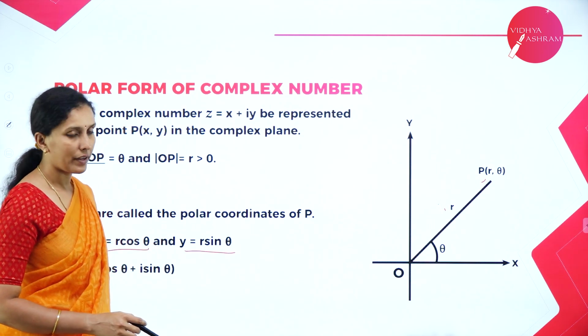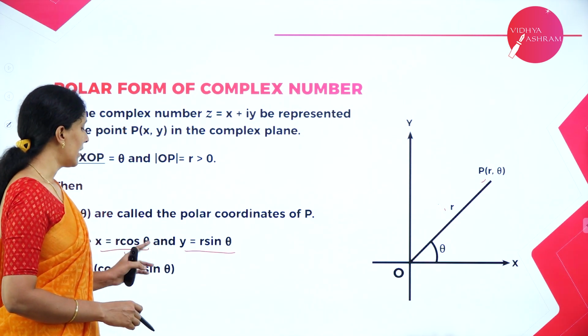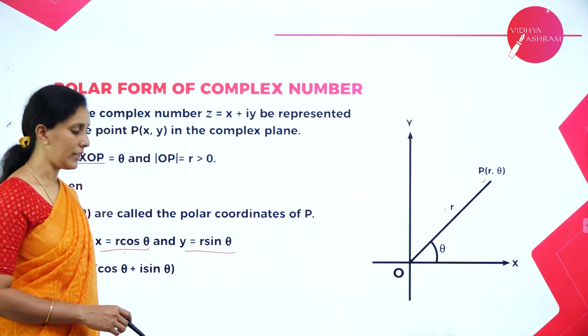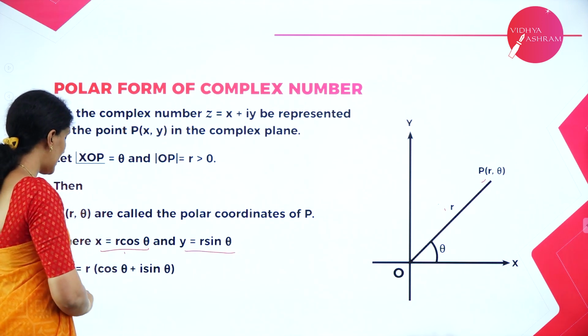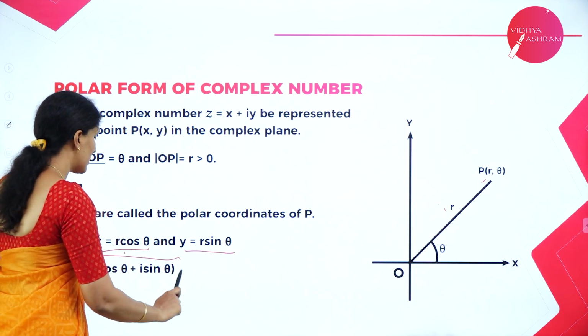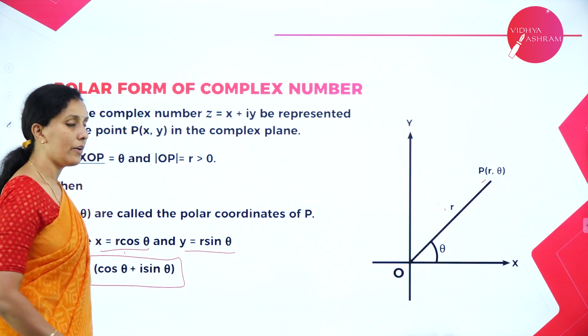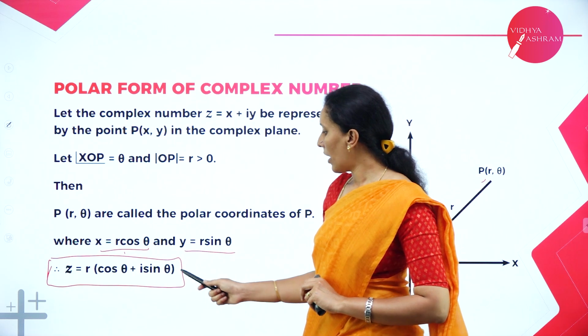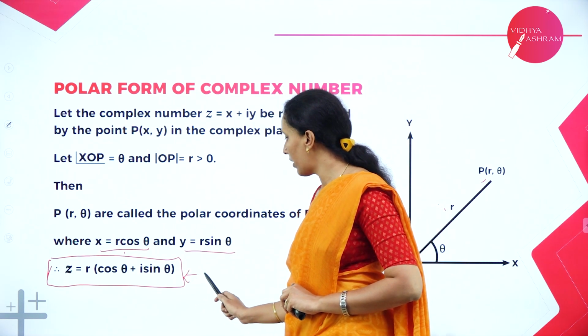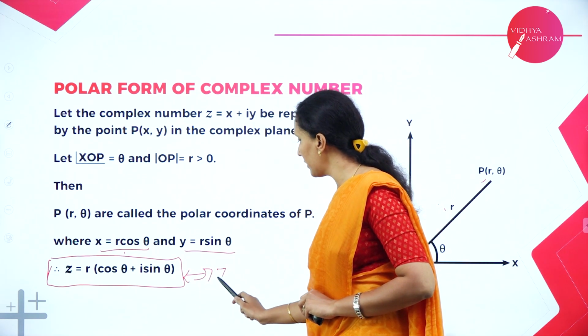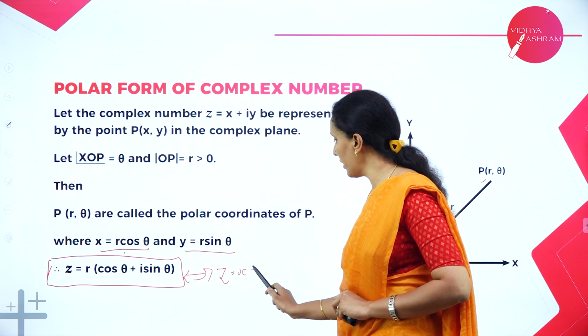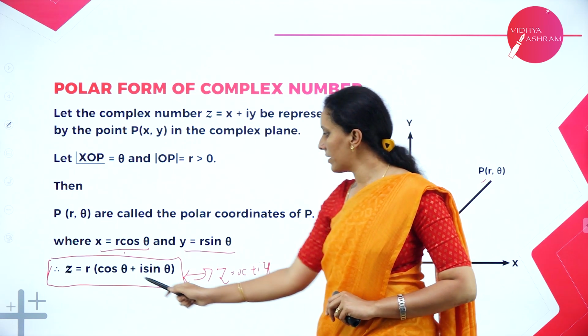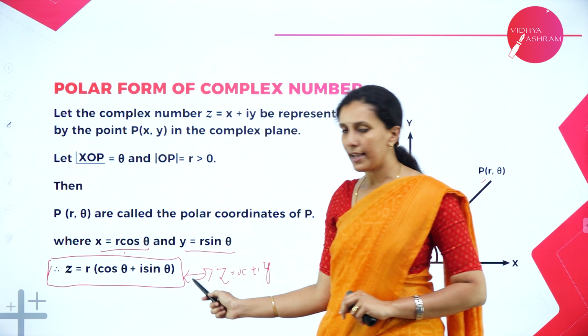So in the place of x and y, we can replace it by r comma theta. Thus z is equal to r (cos theta plus i sin theta) represents the polar form of a complex number. They are one and the same, equivalent. z equal to x plus iy is the same as r (cos theta plus i sin theta).